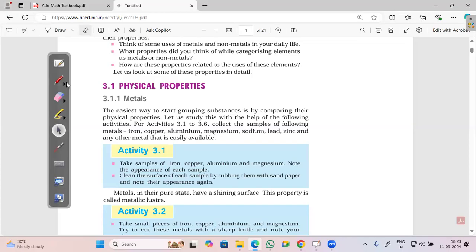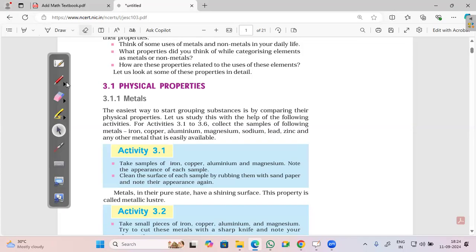You have non-metals in the gaseous state, which are chlorine, fluorine, oxygen, and nitrogen. All these are the non-metals which occur in the gaseous state. Can you tell a non-metal which occurs in the liquid state?